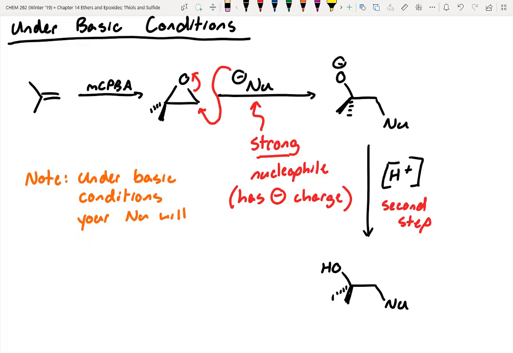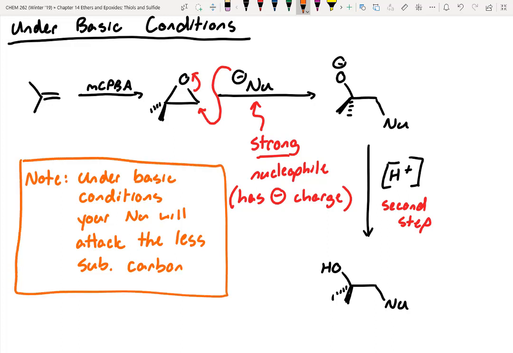Actually, I'm going to change this to your nucleophile will attack the less substituted carbon. I don't like to say always. There are, in chemistry, weird examples that will always prove the trend wrong. However, for the most part, under basic conditions, your nucleophile will attack that less substituted carbon.